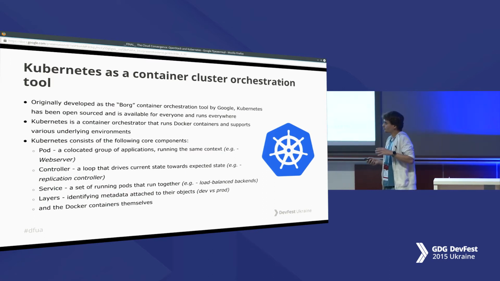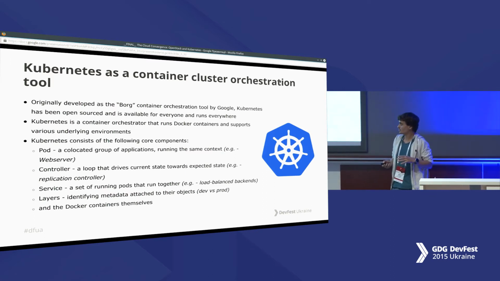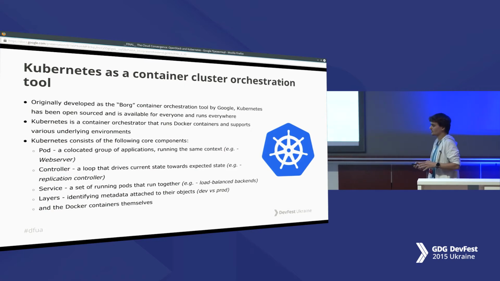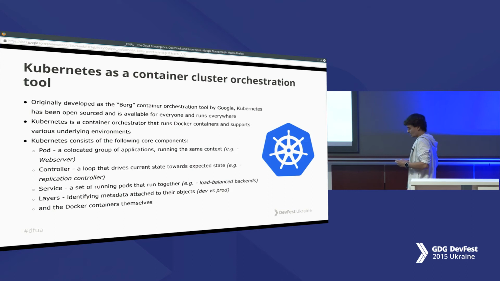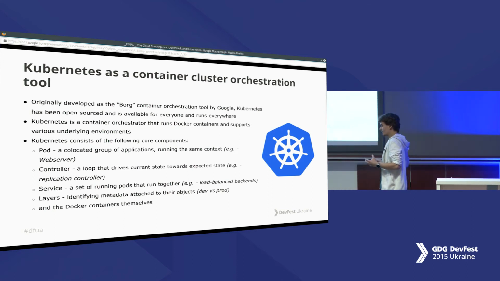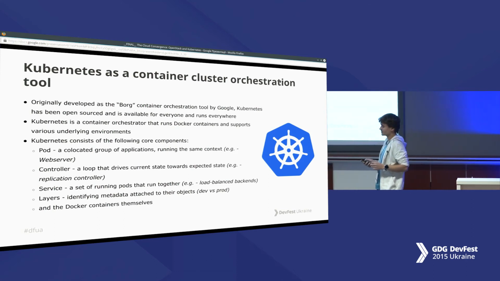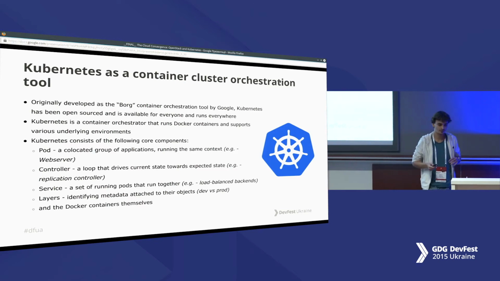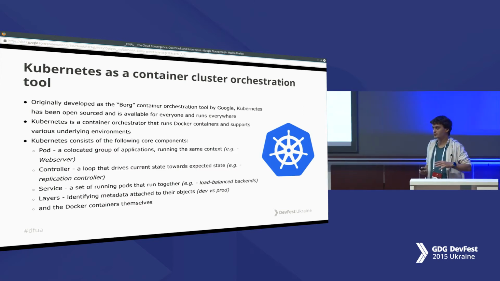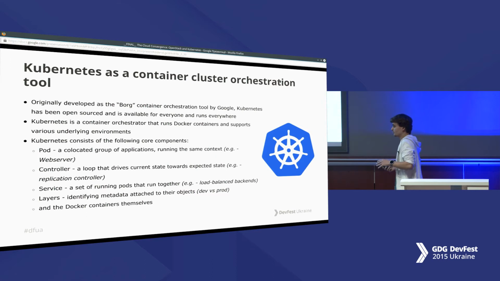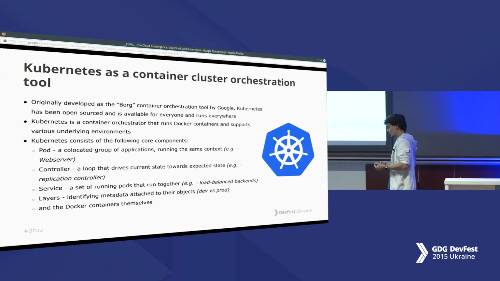Another important unit of Kubernetes is the controller. That's a unit that allows you to provide for your cluster the same state as you have expected. You may easily describe in the configuration of your Kubernetes cluster the state that you'd like to receive.